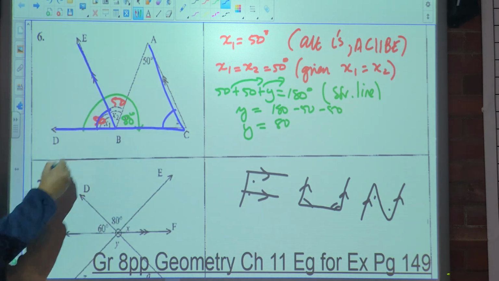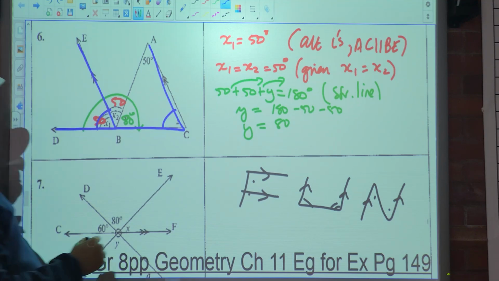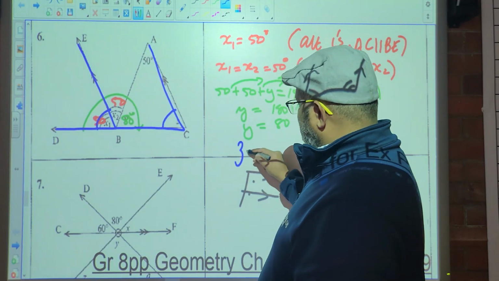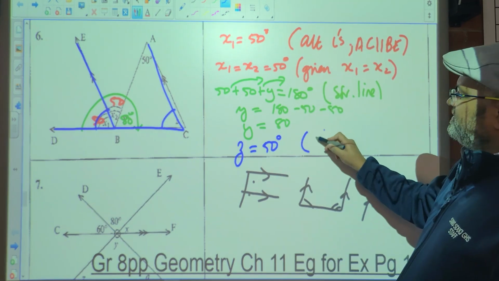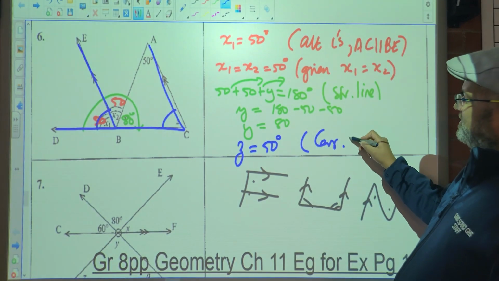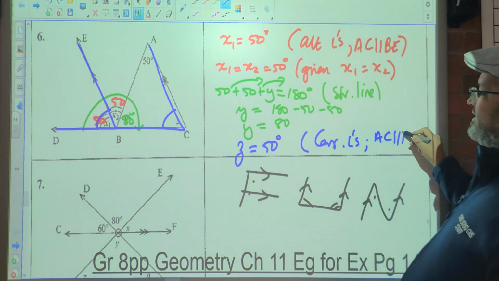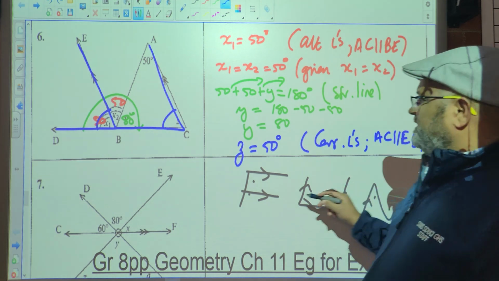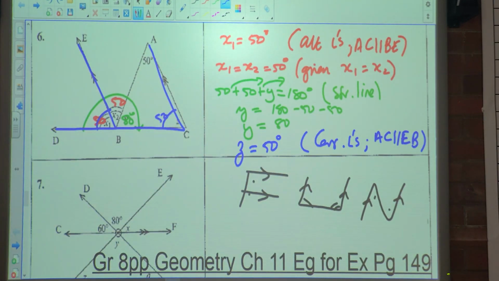So that angle is equal to that angle, and that is your corresponding. So you're going to say Z is equal to 50 degrees. Why? Corresponding angles with AC being parallel to AB. And there's your 50 degrees. Will you guys understand? Is there any confusion? No.